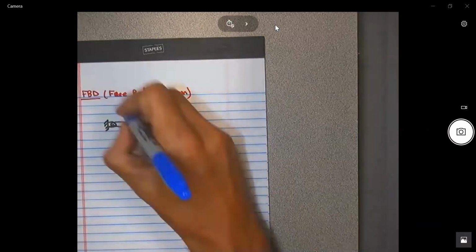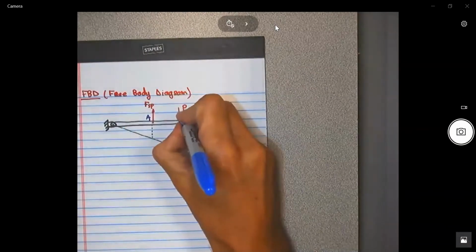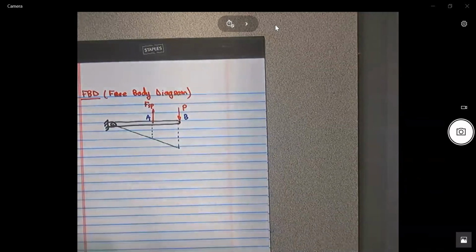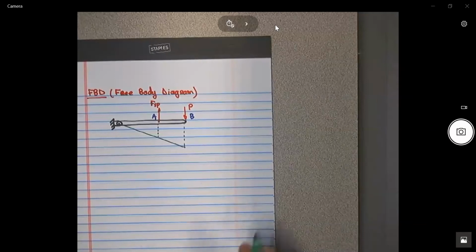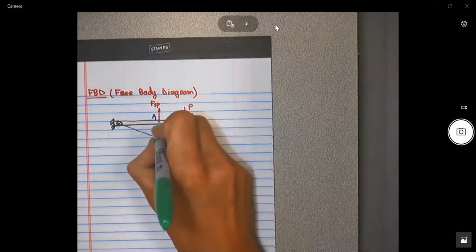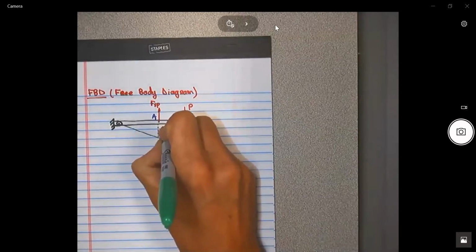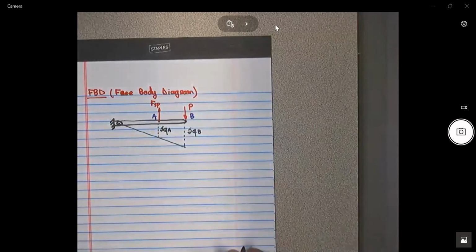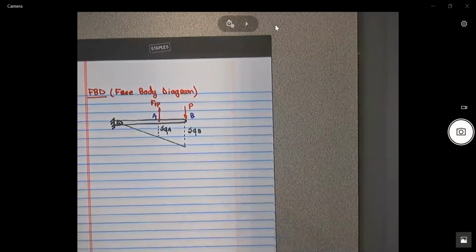We know this is point A, this is point B. And again, the same as before, we did assume a deformation. That deformation over here will be delta Q sub B, and this one over here will be delta Q sub A. So we have the figure. So step one, to do a figure.